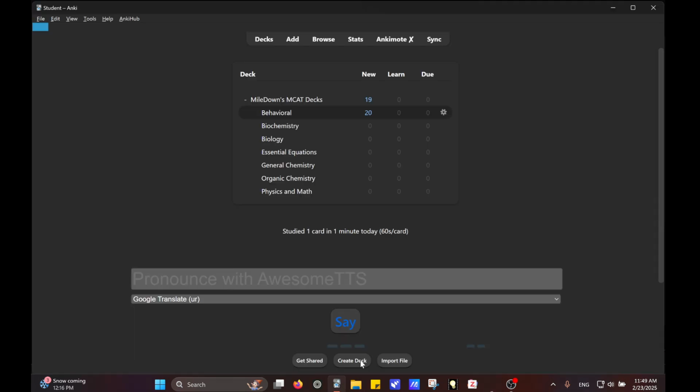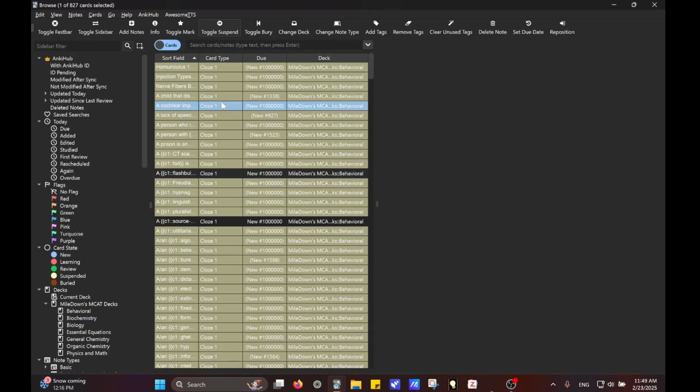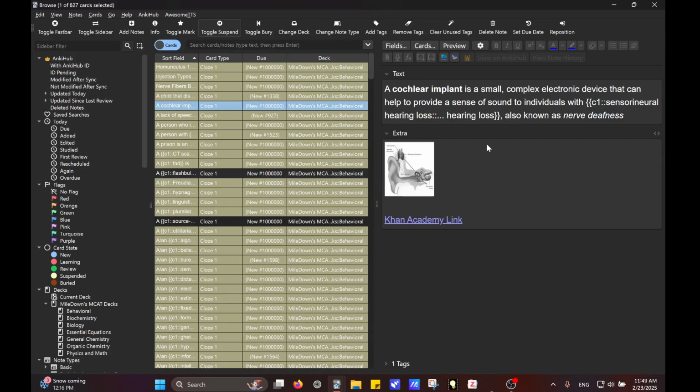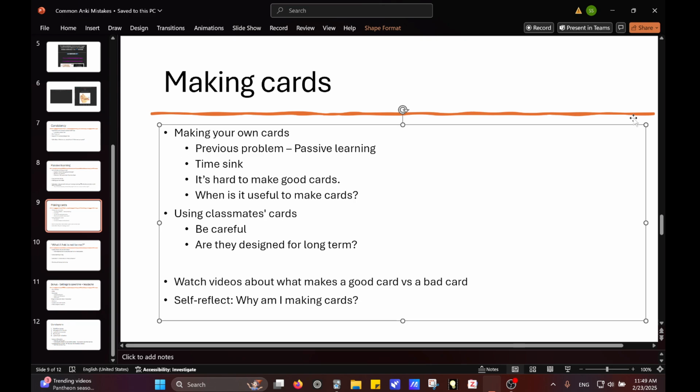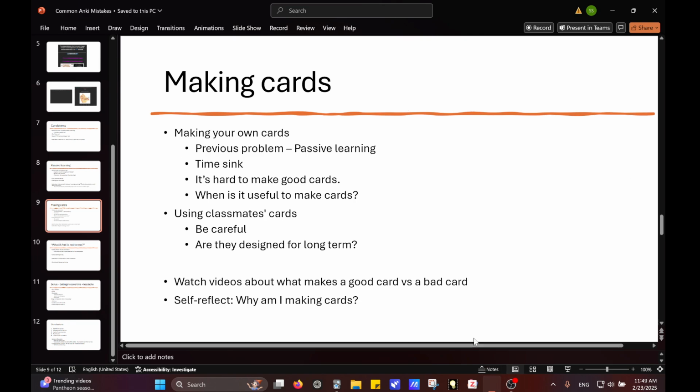Especially when these cards have been combed through so many times to make sure that they are good cards, because it is very easy to make bad cards, and good versus bad cards is a long discussion. But if you are going to make your own cards, I highly recommend you look up some videos on this. But suffice it to say, it's generally not worth your time to make your own cards.